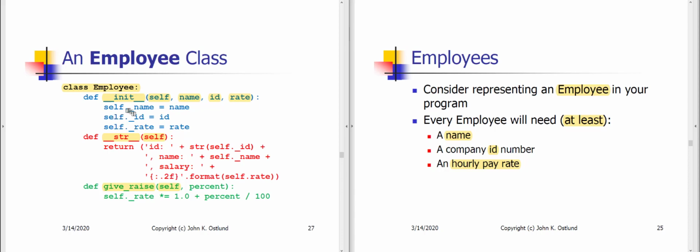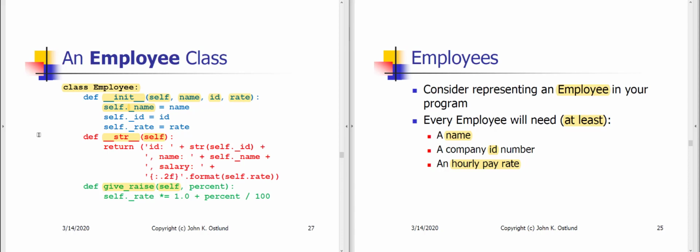And notice that we're using underscore name as the variable into which the name value is going to be stored. And that underscore name variable is within the current object itself. Underscore name is not a global variable. Underscore name is what's called an instance variable.